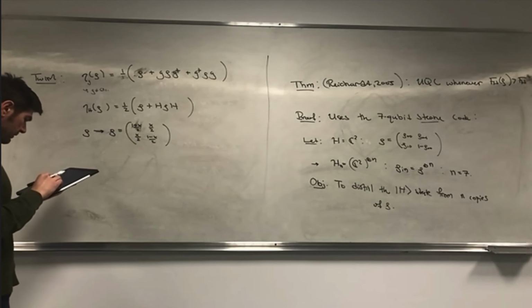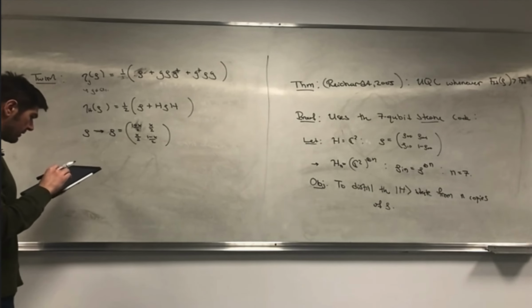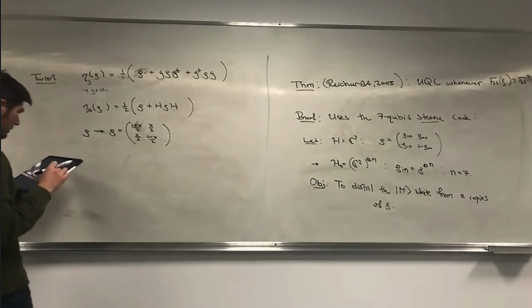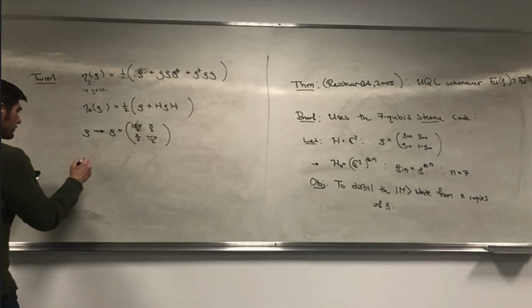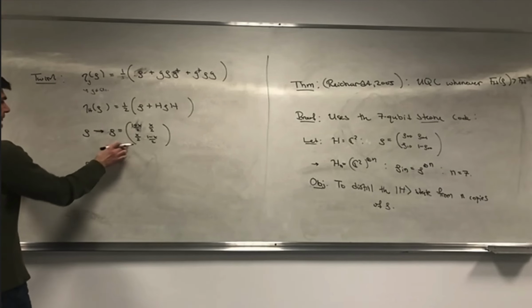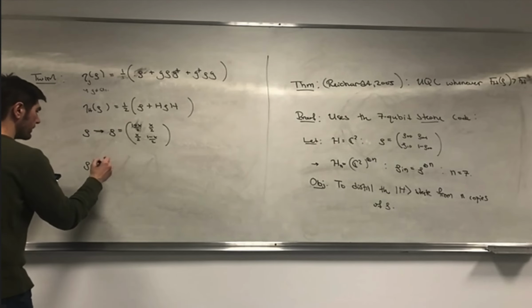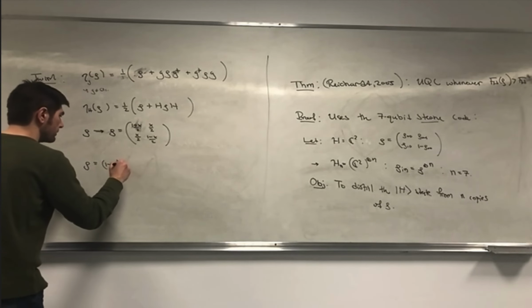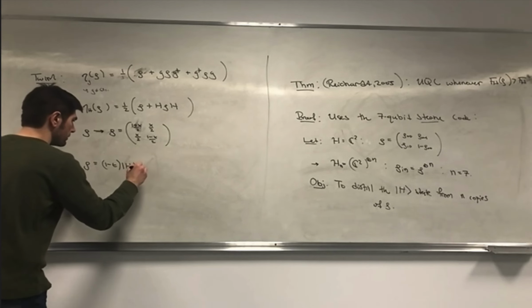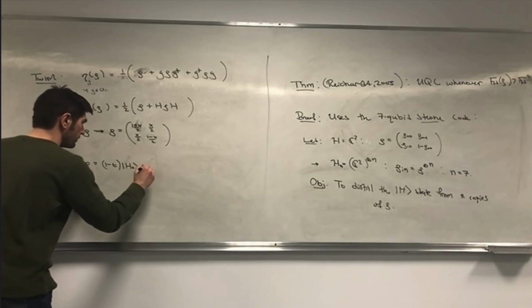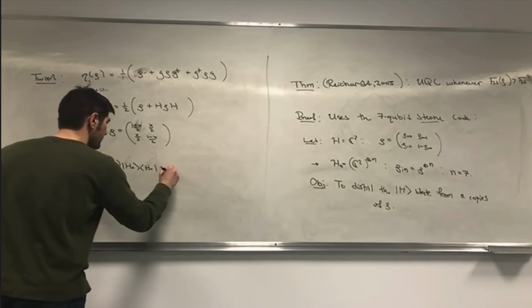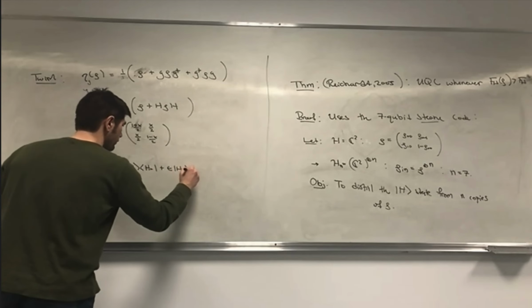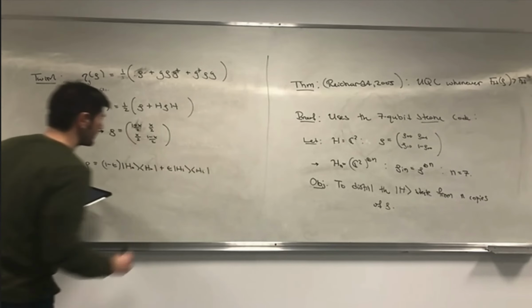Okay, so there's something that I should mention at this point, which is what is the interpretation of this x? So we can also write rho, after this twirling operation, as being equal to 1 minus epsilon h0 plus epsilon h1.